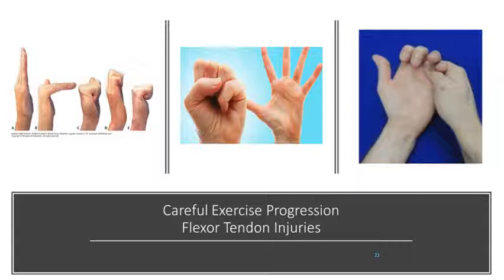So the take-home message is that there are protocols that can be followed. You have to carefully decide with your surgeon and in your hand therapy team which protocol is best suited for your client with their individual needs, where they stay, how often they can come for therapy, how compliant they are, how much they can understand what is expected of them to get the best rehabilitation and function after a period of 4 months.